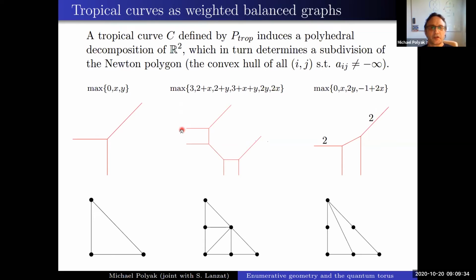So the degree of the curve can be seen on these pictures from the number of legs. So this is a degree 1 curve, so it's a line, and in each one of these 3 directions, I see exactly 1 leg.